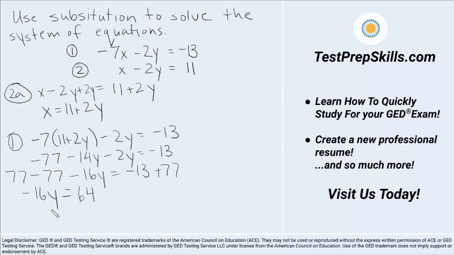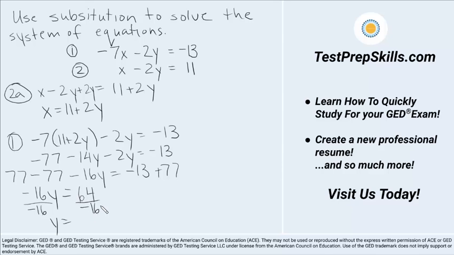Now, one more simplification to solve for y. Same thing, opposite action, opposite operation. I've got negative 16 multiplied by y. So if I divide both sides by negative 16, on my left-hand side, negative 16 divided by negative 16 is just 1. 1 times y is just y. y will be equal to 64 over negative 16.